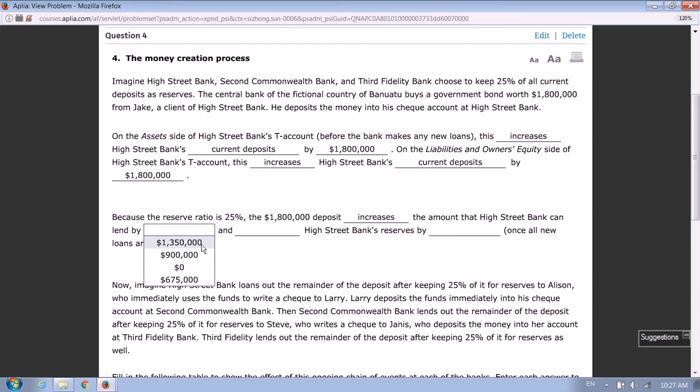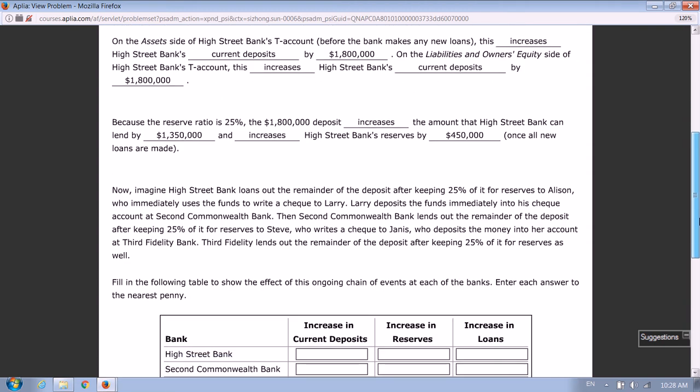So it is $1.8 million multiplied by 0.75, which is 1.35 million, and it increases High Street Bank's reserve by 1.8 million multiplied by 0.25, which is 450,000.